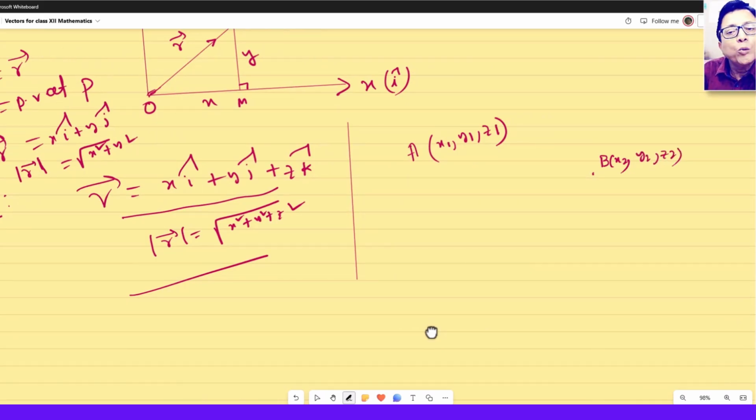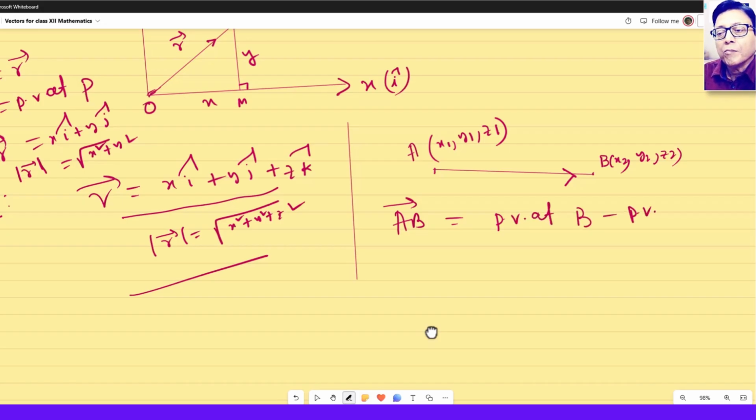A and B are two points given. You have to find the DRs and DCs of AB. So what you will do here first, you will find AB vector. AB vector is what? Position vector of B minus position vector of A.